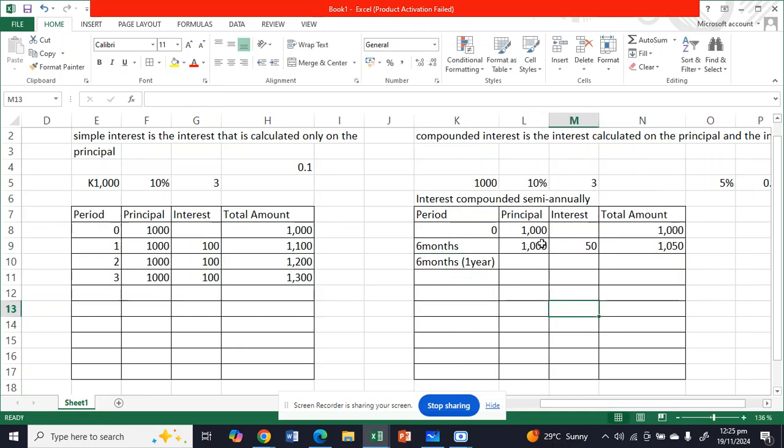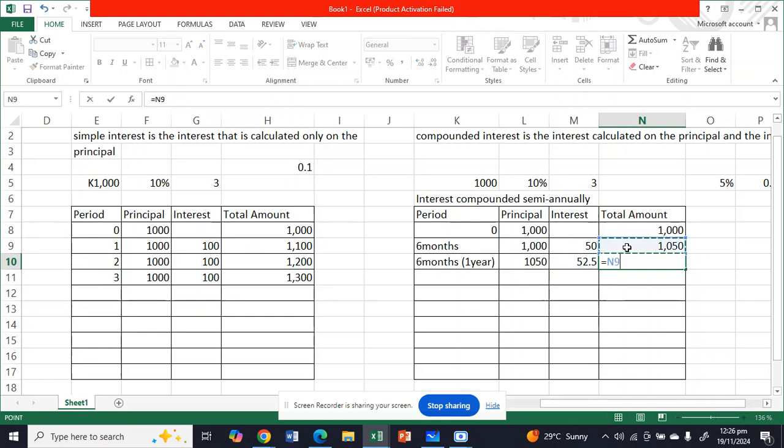Now notice, we are not going to calculate the interest of this 1000, but of the accumulated amount that we've got here, this 1050. So we use this 1050 here, we calculate 5% of it. So after 1 year, the interest that we get is 52.5.